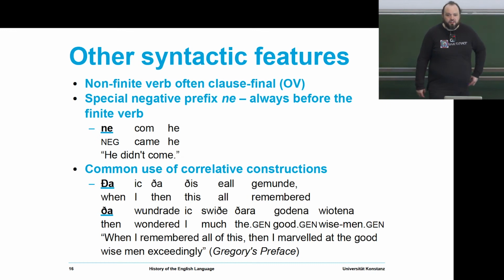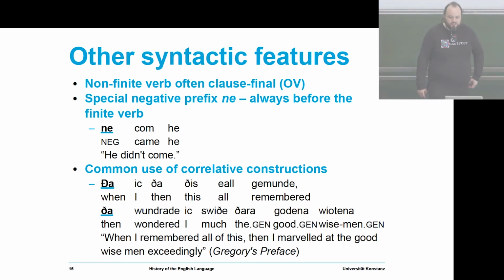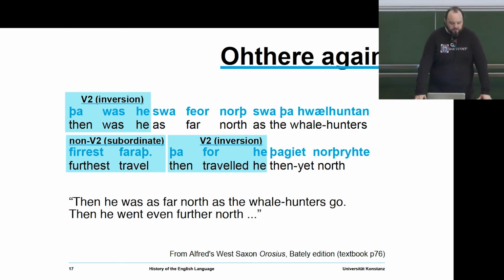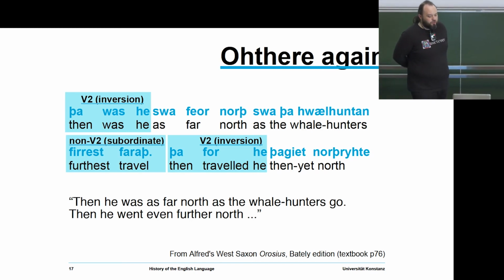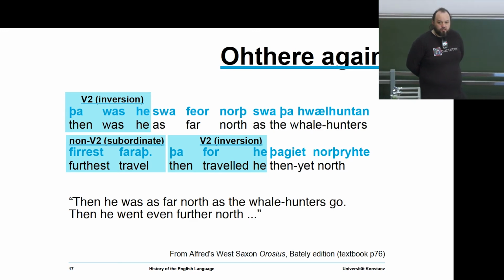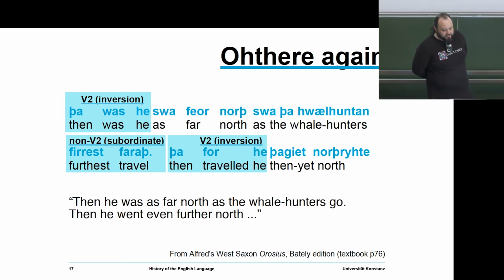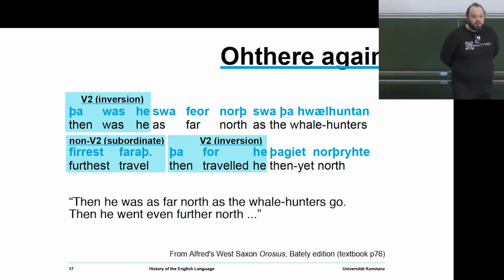Unfortunately, we just can't really know in any greater detail. So here's our example that we saw last week from Othere. In Othere, this is the guy who goes to the far north. And here it says, "Tha was he, then was he, as far north as the whale hunter's furthest travel."